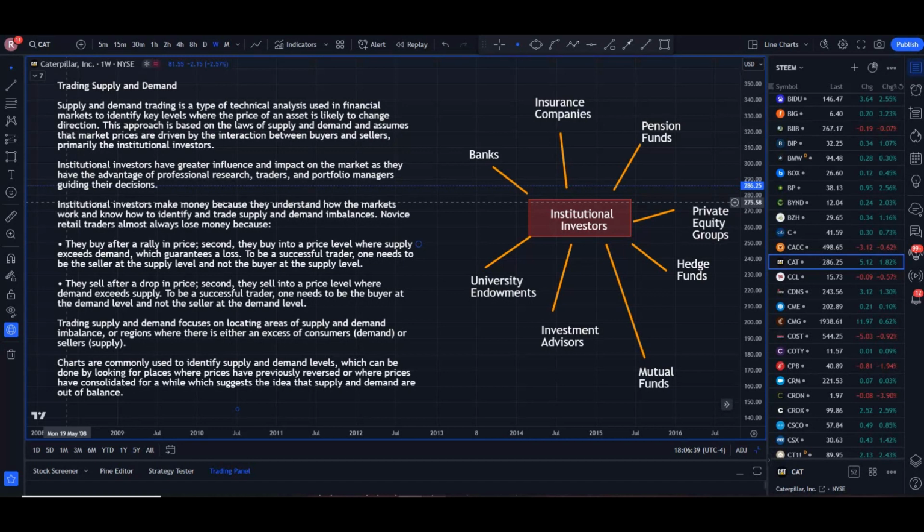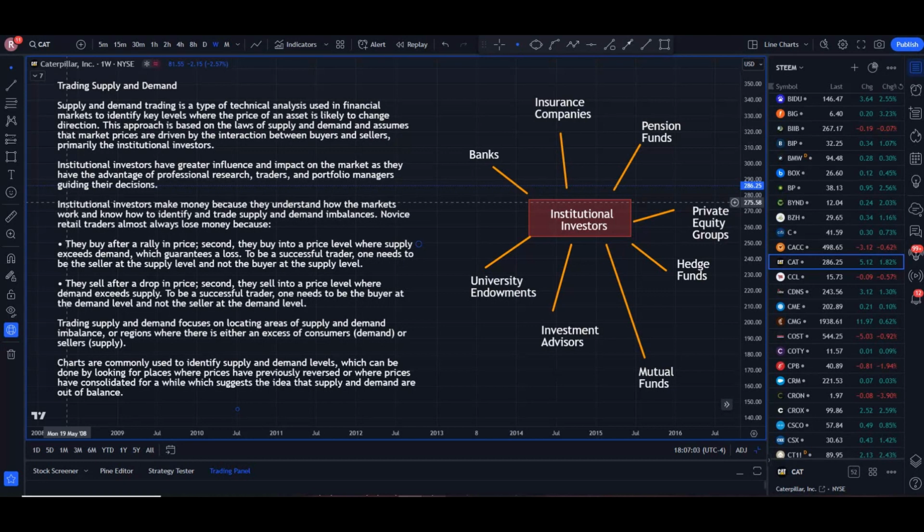On the other hand, they sell after a drop in price. Oh no, I'm losing money. They sell into a price level where demand exceeds supply. To be a successful trader, one needs to be the buyer at the demand level and not the seller.